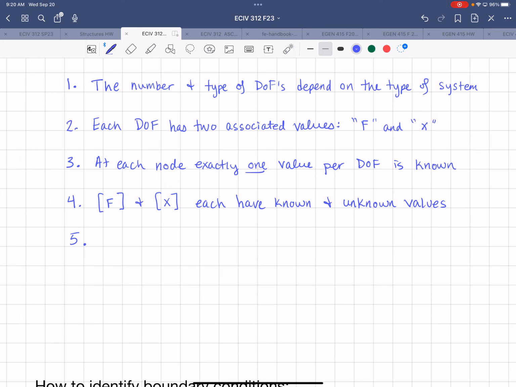So then the next rule, the stiffness matrix, which is K, comes from the material and geometry of each element.